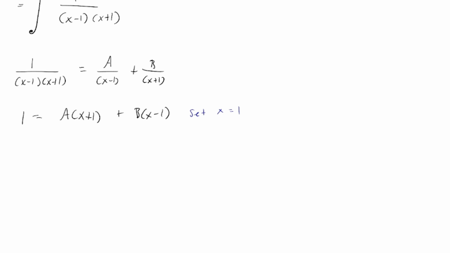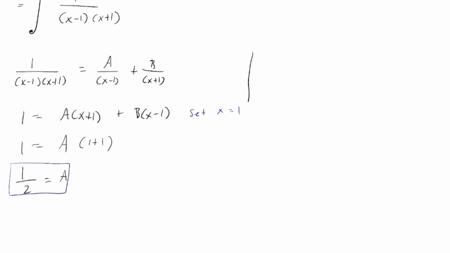So 1 is equal to A times (1 plus 1), which is 2A, and we bring it down to get half equal to A. So we found our first number.